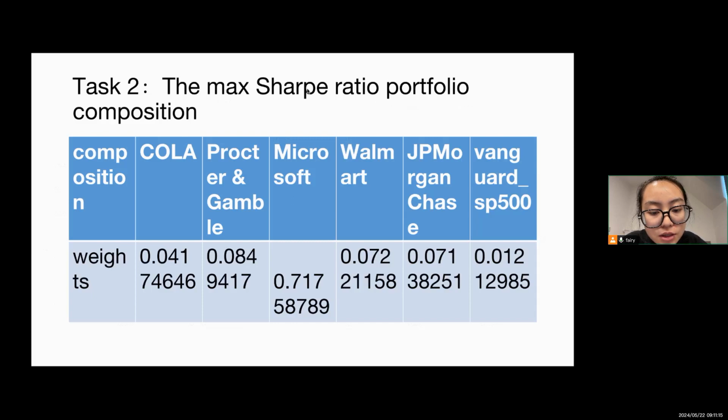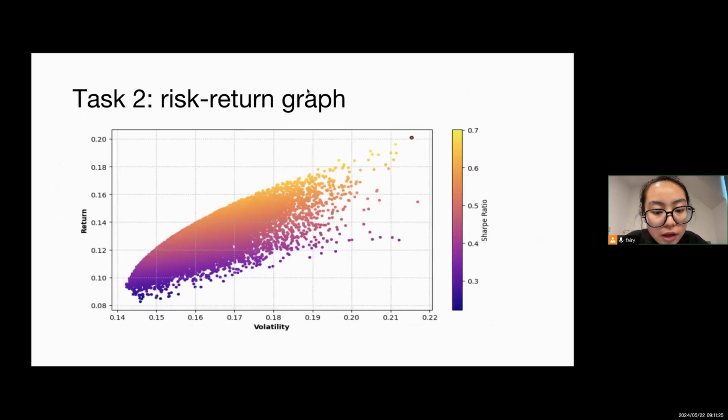This reflects the portfolio's diversification structure, which helps to reduce unsystematic risk. The portfolio on the efficient frontier, marked by the point in the graph, provides the highest returns for the same level of risk.